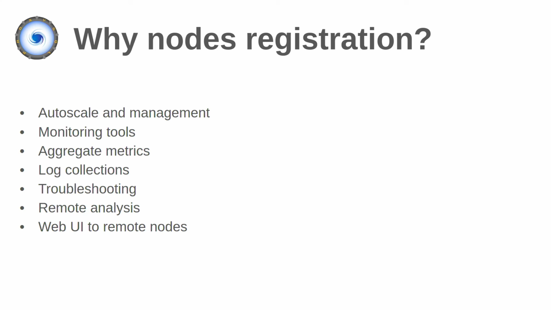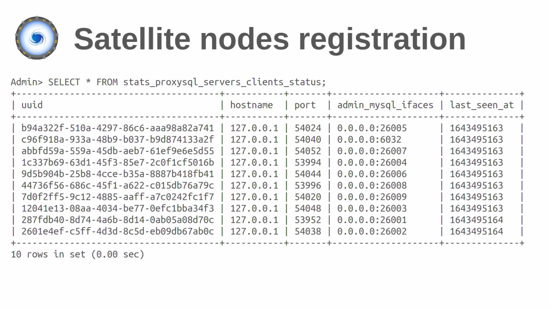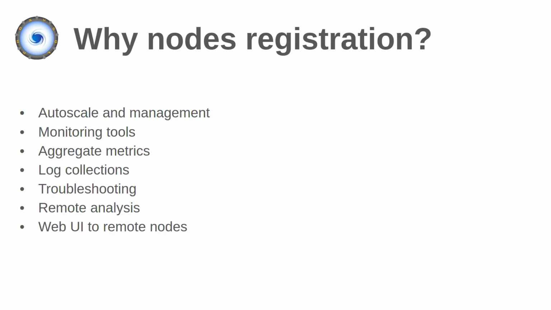We can improve monitoring based on this. To make an example, we can have a system with an agent that monitors this table, and when it detects that a new ProxySQL node is now part of the cluster, it can get the information from that server and register it in Prometheus, for example.